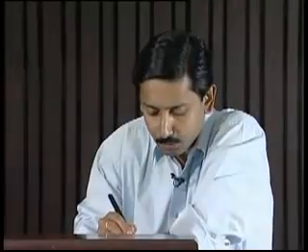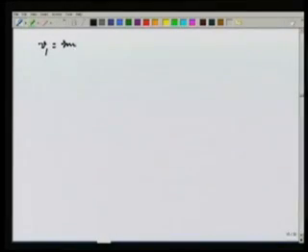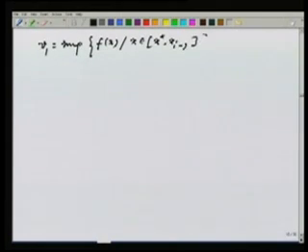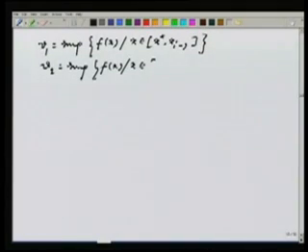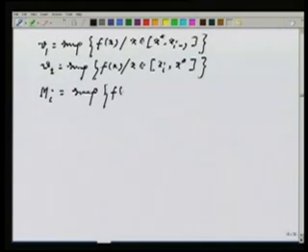The only difference is observed in the following relation, that if I define V1 to be equal to the supremum of f(x) when x belongs to [x star, xi minus 1], and V2 equal to the supremum of f(x) when x belongs to [xi, x star], and I define capital Mi equal to the supremum of f(x) when x belongs to [xi minus 1, xi].